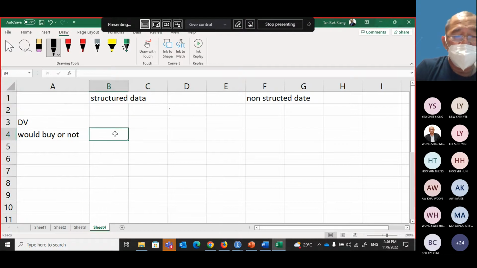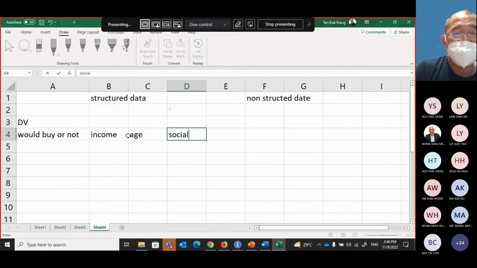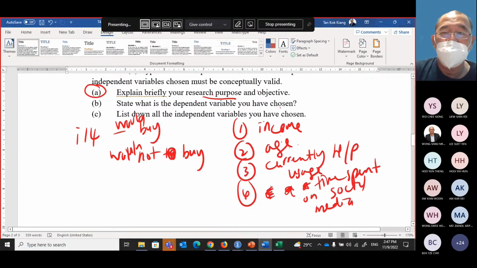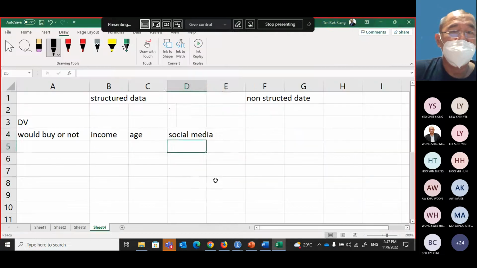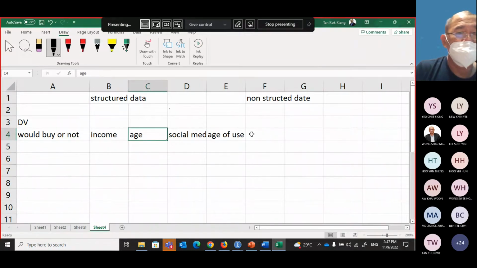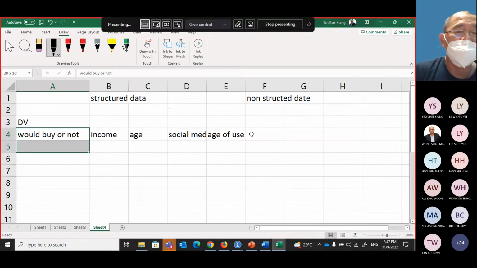And then we have income, age of the respondent, access to social media, and ease of use. I mean, ease of use: easy or not to use the handphone compared to other phones. So people might buy iPhone. No, also cannot. I'll show you now.